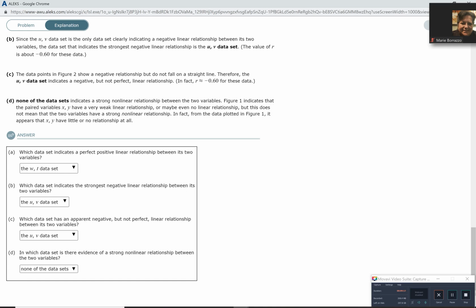For Part B, which data set has an apparent negative but not perfect linear relationship? Again, the only one that we have is UV, so we wouldn't bother. And now look at the last one. It says, in which data set is there evidence of a strong nonlinear relationship? That would look like a parabola, usually like a U shape of some sort or an N shape. In this case, not one of them.